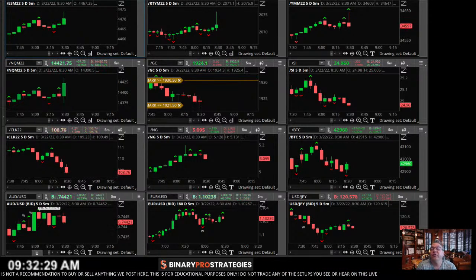I do like this pattern on the gold. Alright, still looking for target at 21.5 on that gold.